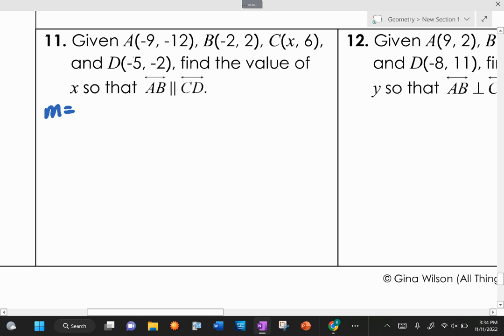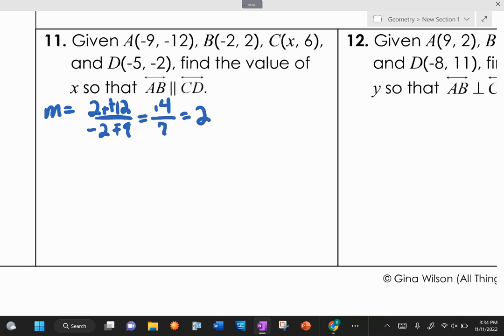So we're going to find the slope of AB by doing y2 minus y1 over x2 minus x1, which is going to give us 14 over 7, which will be 2. Okay?